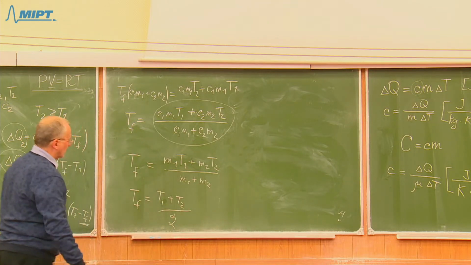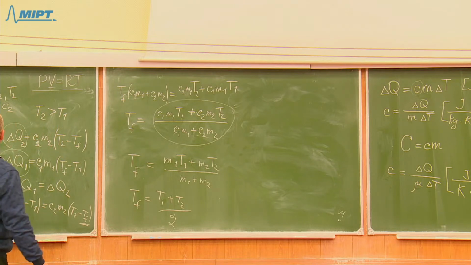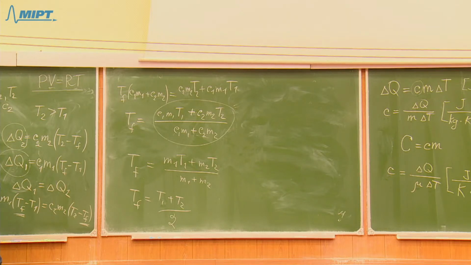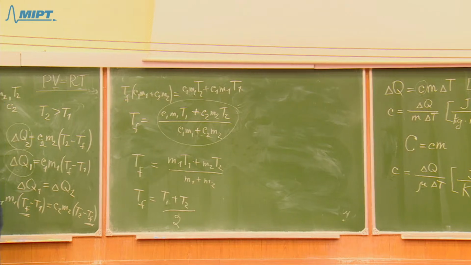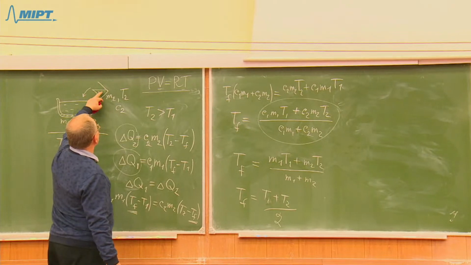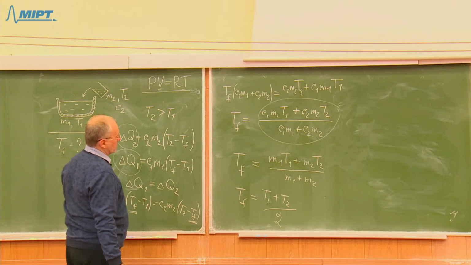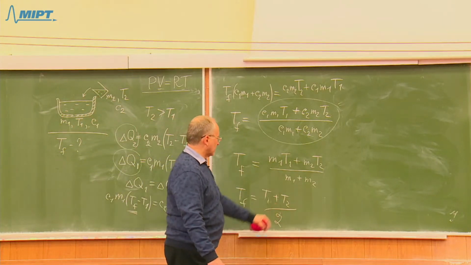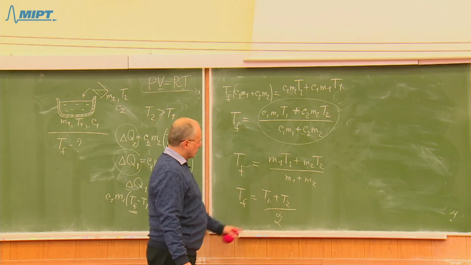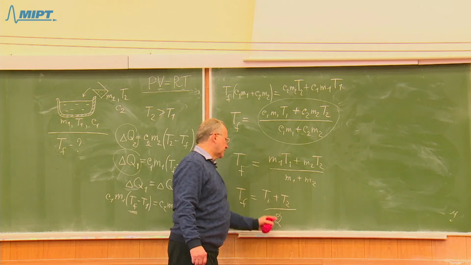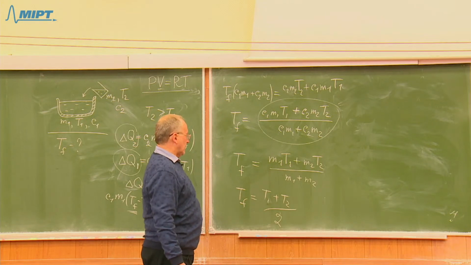The sum of temperatures divided by 2. So if we have equal amounts of similar liquids, like water here and water here, and we take like 100 grams of water and 100 grams of water which we add of different temperature, then the final temperature will be given like a mean temperature, a mean between these two temperatures.